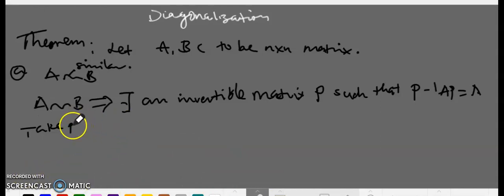We usually look for some identity. That's why we had A minus lambda I, where I is an identity. So take P to be equal to some identity.